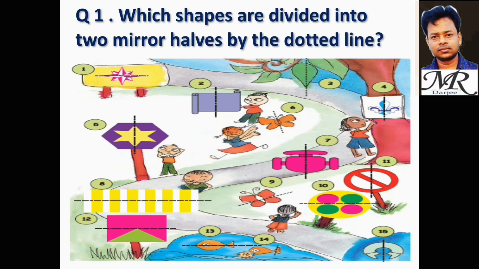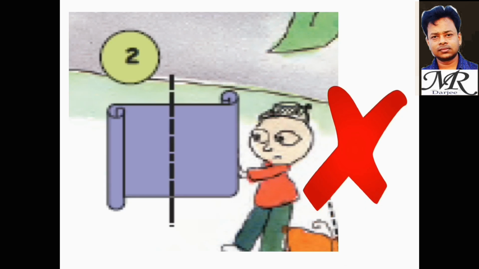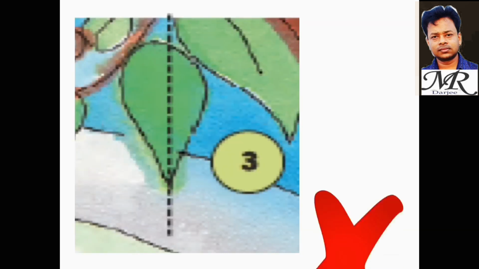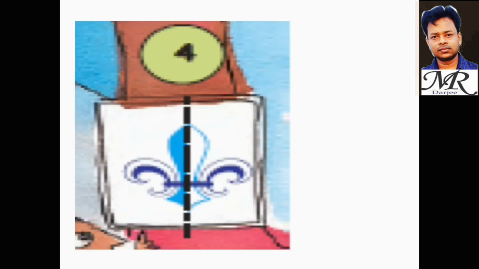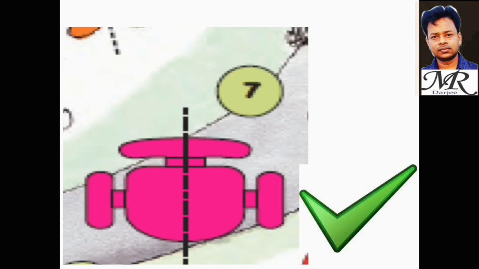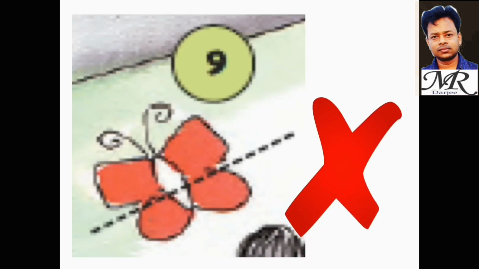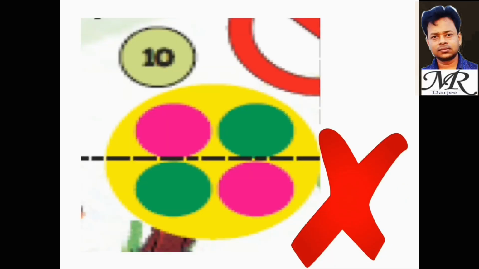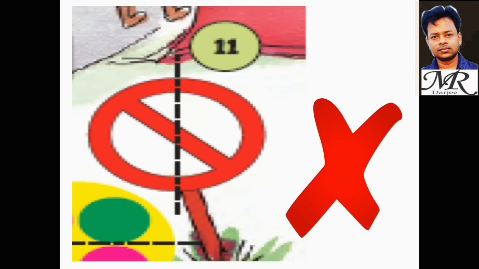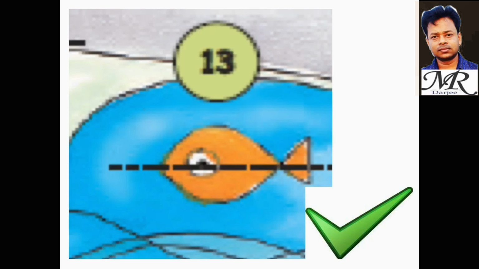Which shapes are divided into two mirror halves by the dotted line? This picture may be wrong if we observe carefully.